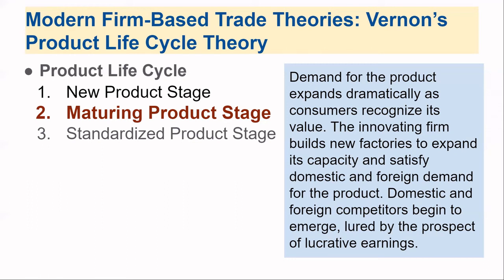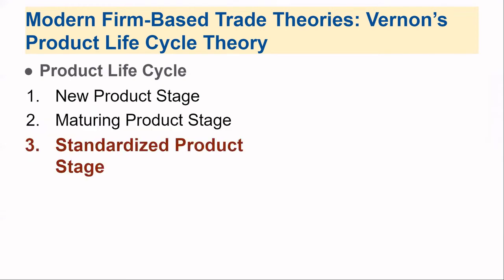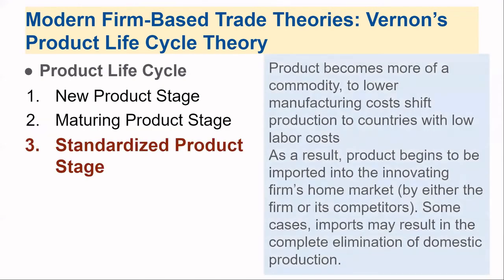Right. So you can see that once it has matured and reached the standardized product stage, the product becomes more of a commodity. And in order to lower manufacturing costs, the firm will shift production to countries with low labor costs, and as a result, they won't be producing in their own country anymore.